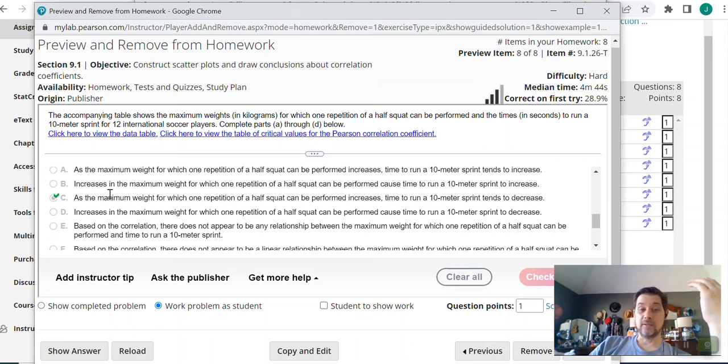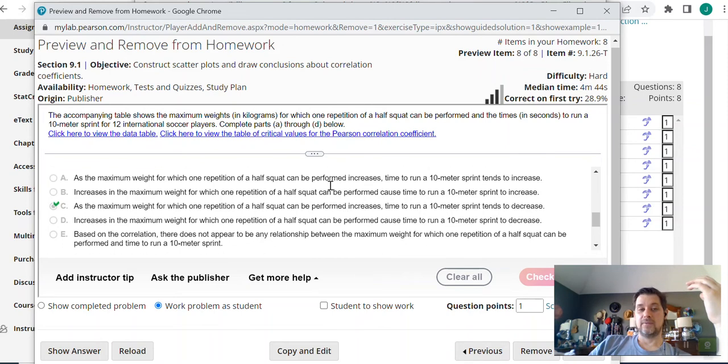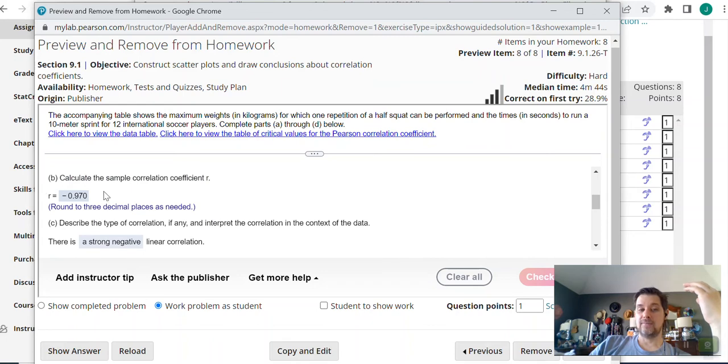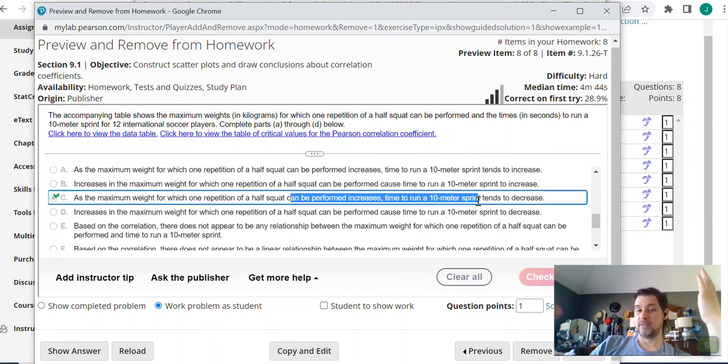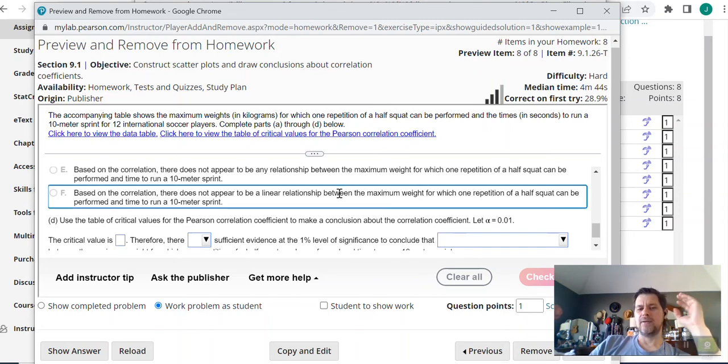The stronger the soccer player is, at least for one rep, as described, the faster the soccer player will be. So that being so close to -1 says that this is probably true for the population. Like this conclusion right here is probably true. But we need to put a number on that when we say probably.